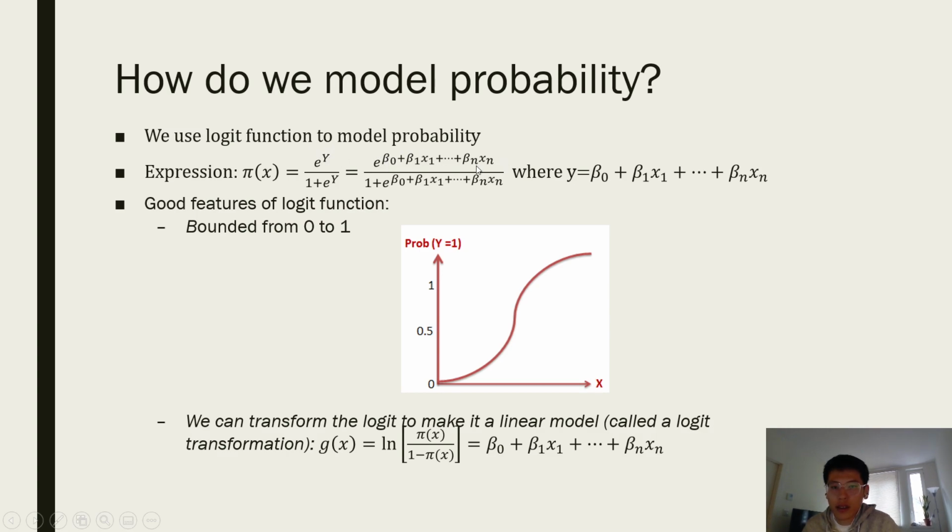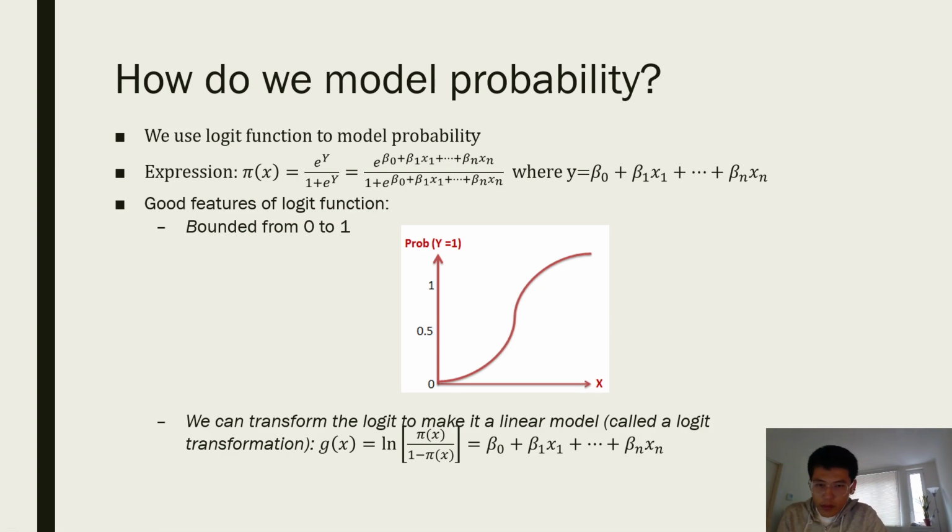If we have this equation, our pi of x will become the probability. So that's how we capture the probability, by specifying a logit model with our predictors in it.